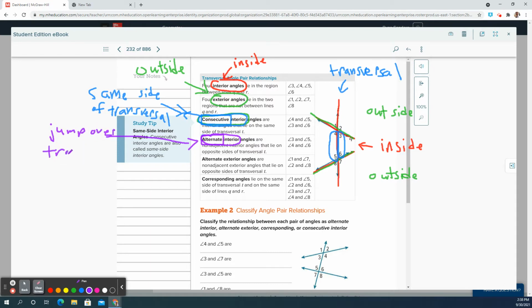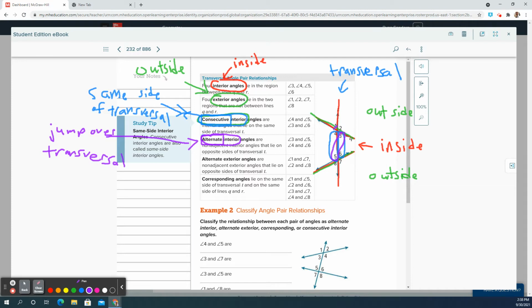Transversal. So we're on the inside of these lines and we're jumping over the transversal. So inside, that would be 3, and we have to jump over. That would match with the 5 here. So 3 and 5 are alternate interior.